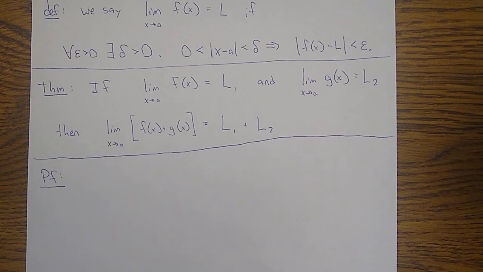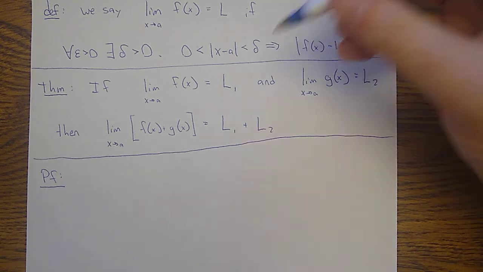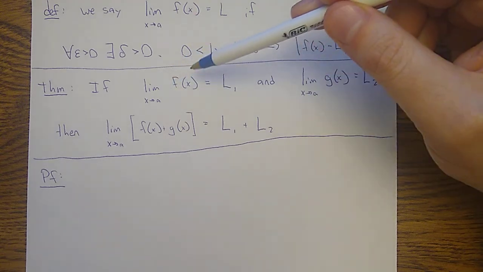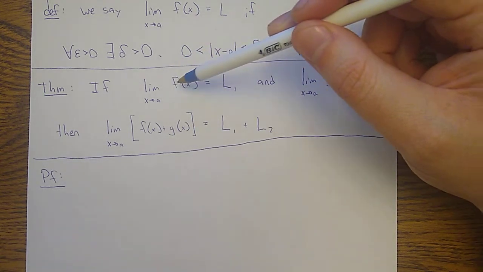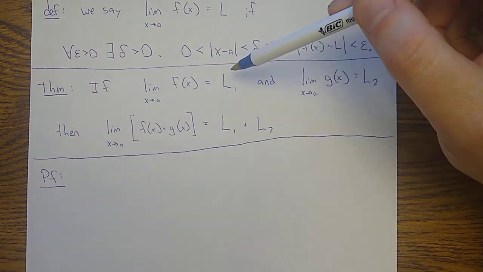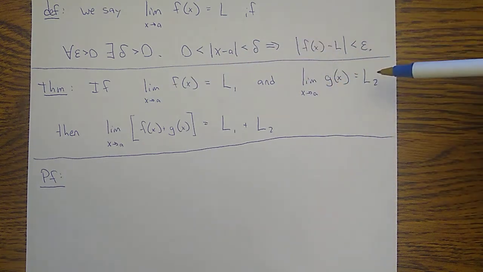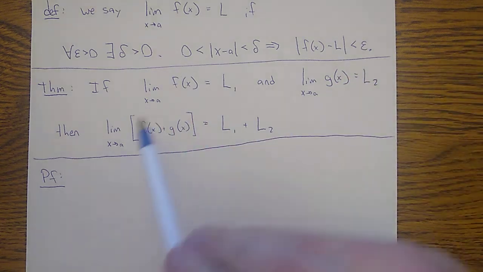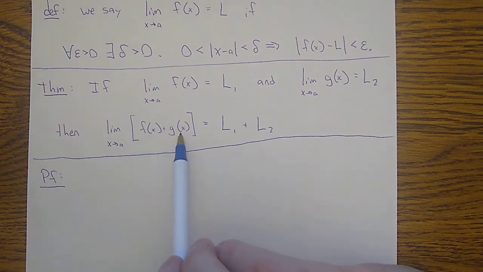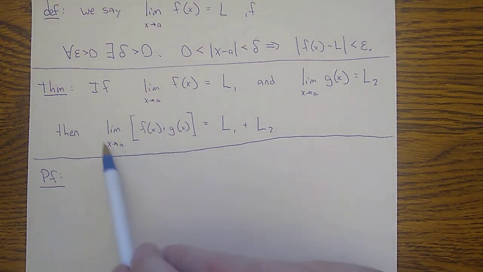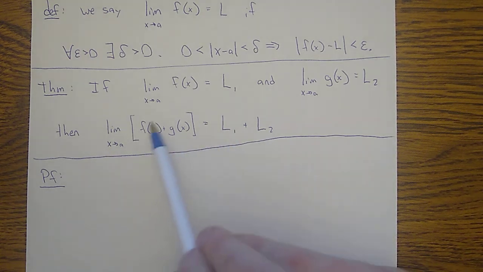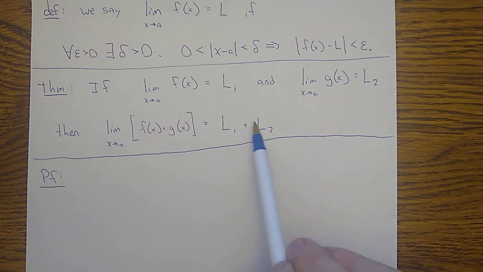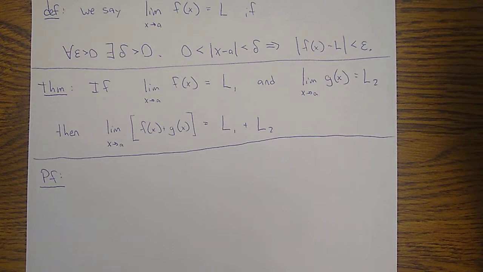This is something that you all learned in Calc 1, that if I have two functions f and g, and say the limit as x approaches a of f of x is L1, and the limit as x approaches a of g of x is L2, then when I add the two functions, f of x plus g of x, and I do the limit of that as x approaches a, I just get this limit plus this limit. In other words, I get L1 plus L2. So this is something that we all learned.